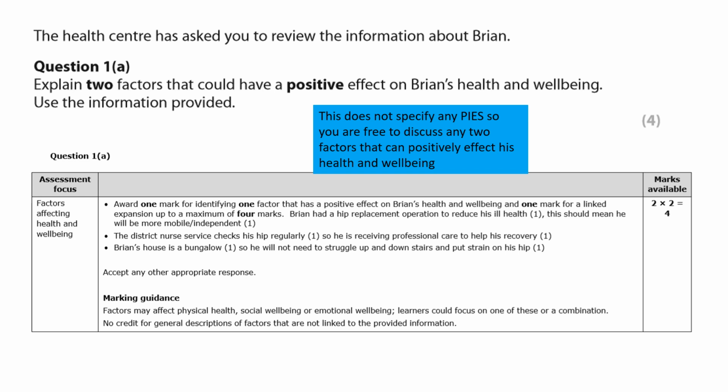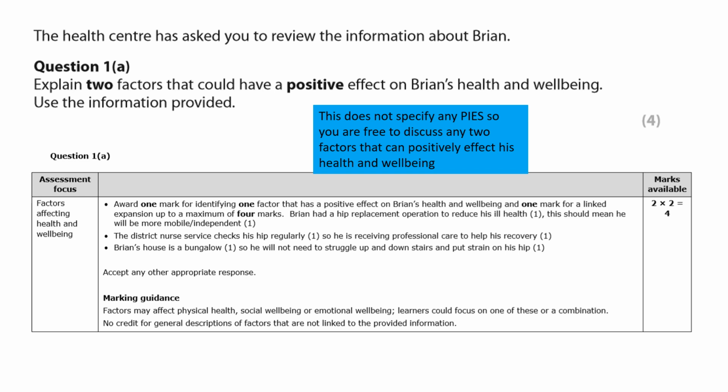This actual question here does not specify any particular PIE, so any physical, intellectual, emotional, social, you're free to discuss any 2 factors for this question. It's really important to actually look and see why that has a positive effect on Brian's health and well-being. It's not good enough to merely identify 2 factors. You then have to expand on it and explain.